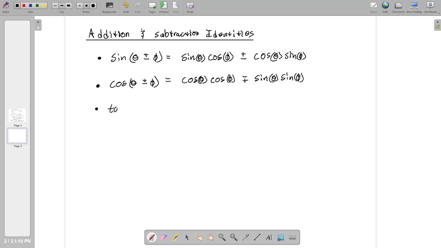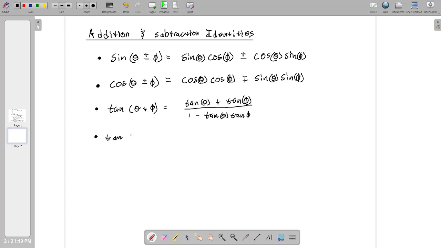And lastly, tangent of theta plus phi is equal to tangent of theta plus tangent of phi divided by 1 minus tangent theta, tangent phi.